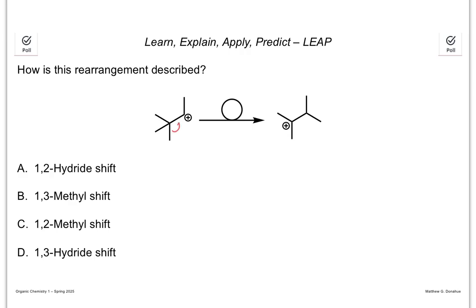So that rearrangement is called a 1,2 methyl shift. If I put a red ball around that group, that methyl group migrates over from the 1 to the 2 position, relatively numbering.